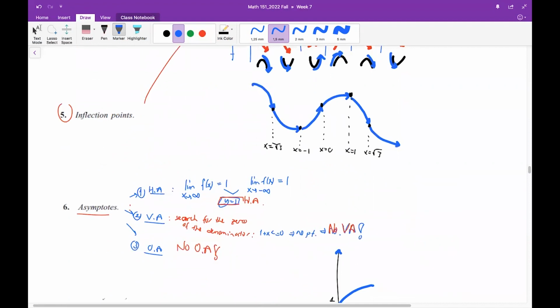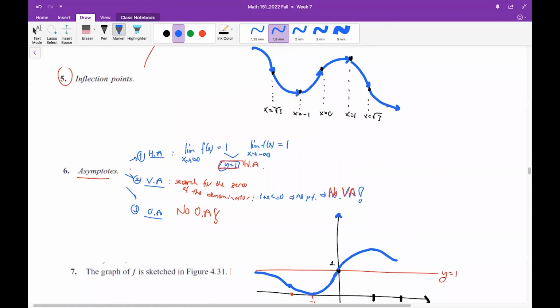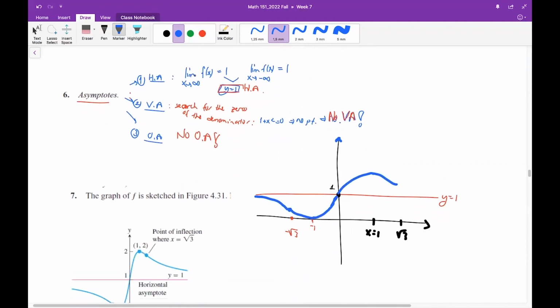After the point 1, the graph will start decreasing till x equals square root 3. Okay, we can do that. At x equals square root 3, it will start decreasing like this, and after square root 3, it keeps decreasing, and we know that around plus infinity, our function will be so close to this horizontal line.